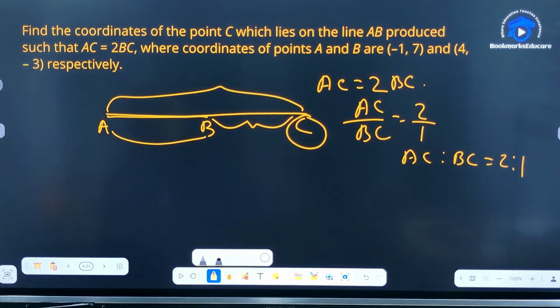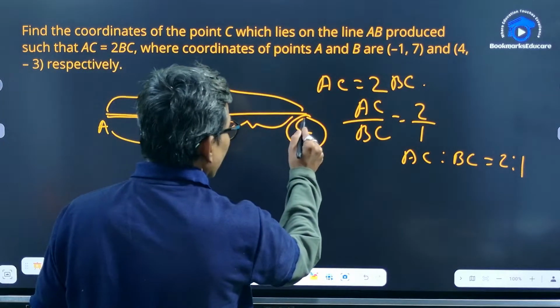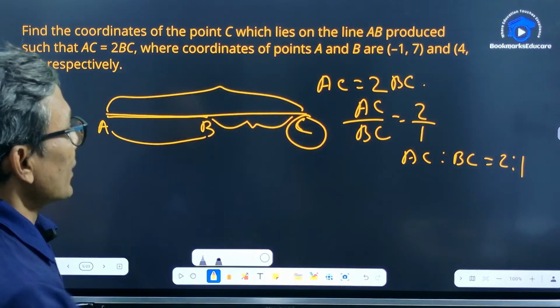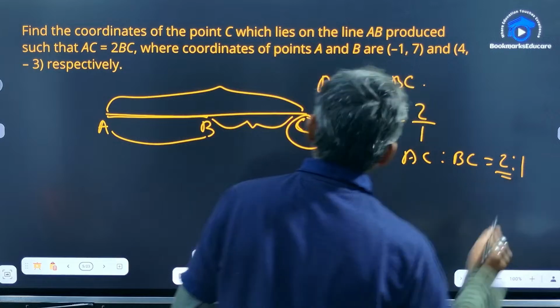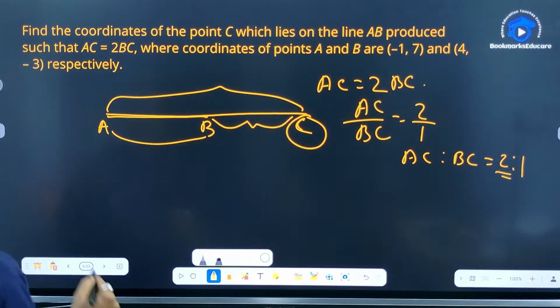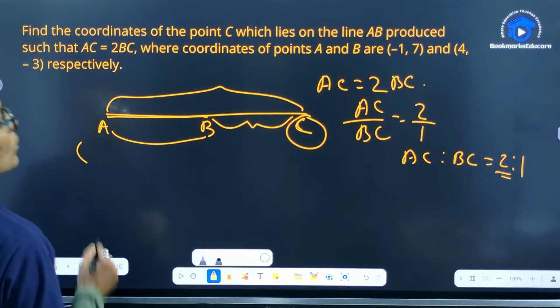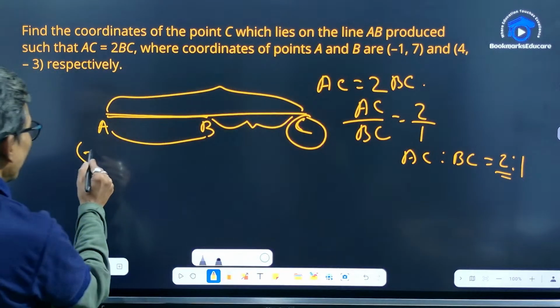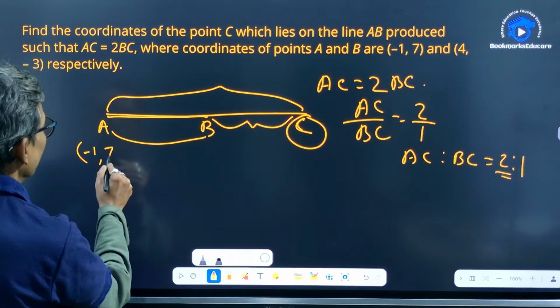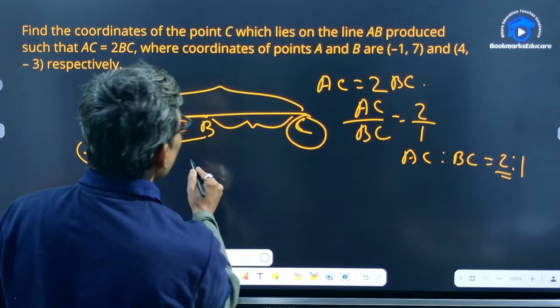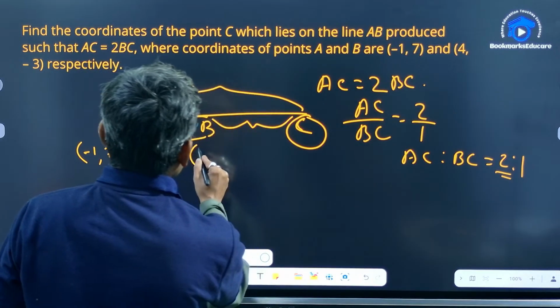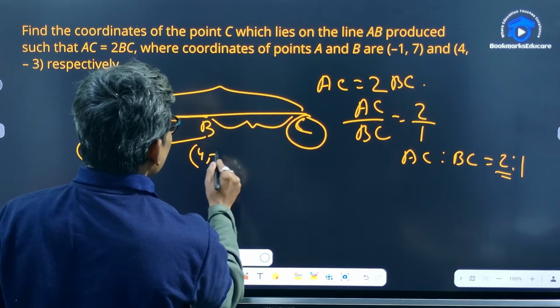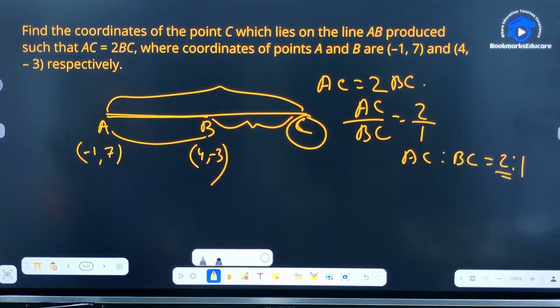And the coordinates of A and B are given. Coordinate of A is (-1, 7) and coordinate of B is (4, -3).